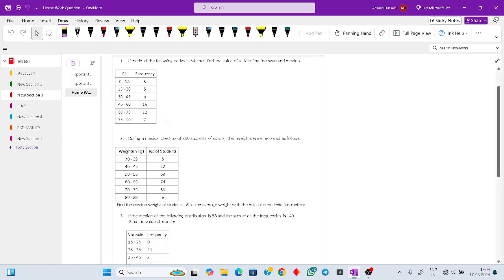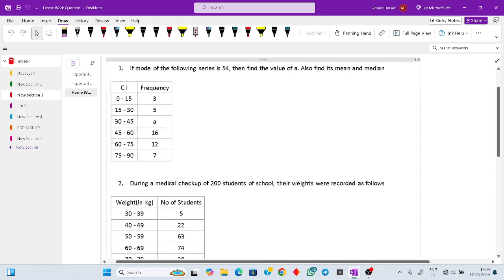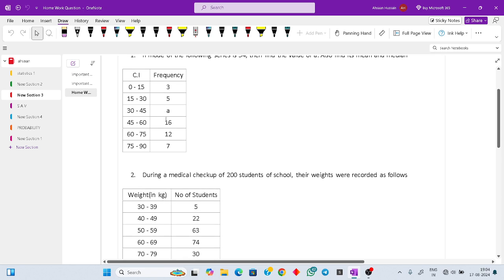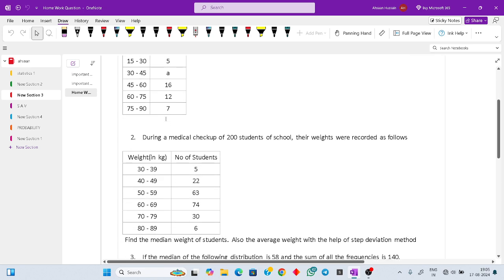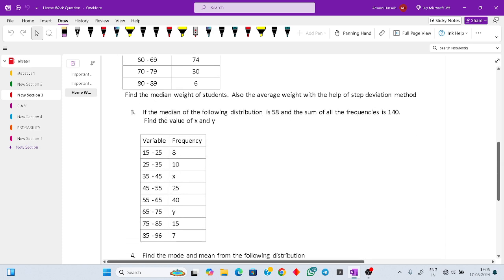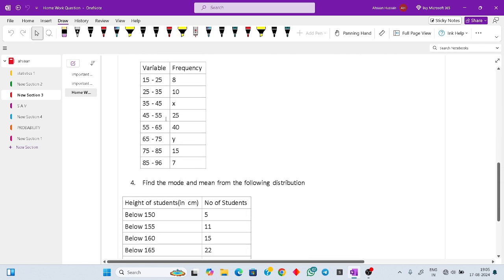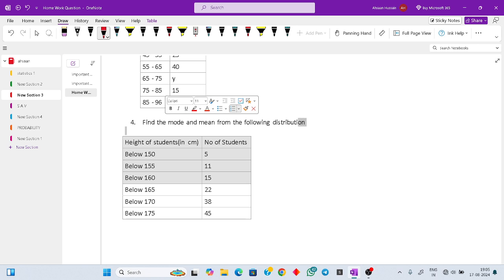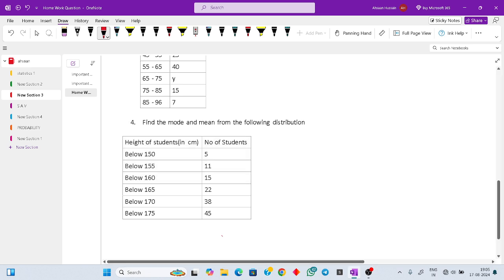And these are the few questions I prepared for you. Try to solve them. Just take a screenshot. 1, 2, then 3, and 4. Let me help you out here. So you have to create a table first to make it in a continuous manner, right?